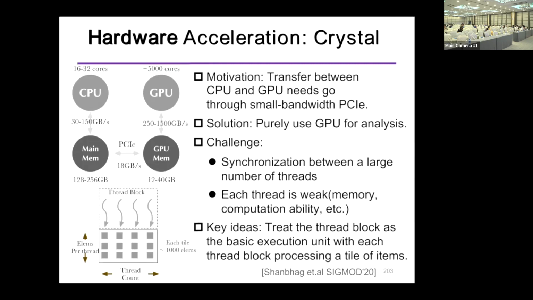And the second one is each thread is very weak in terms of the memory and the computation ability. So the key idea is to treat the thread block as a basic execution unit, and each thread block can process a tile of items, and it can improve the memory and computation ability.